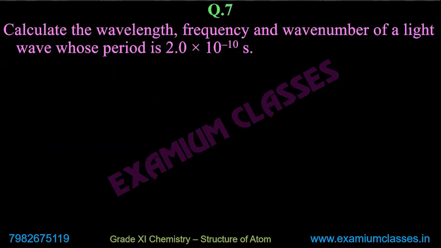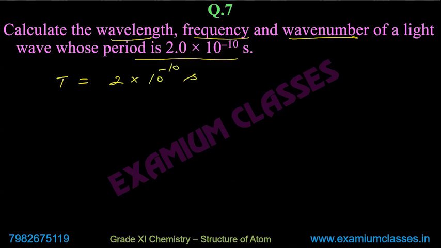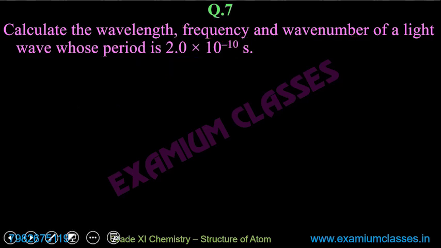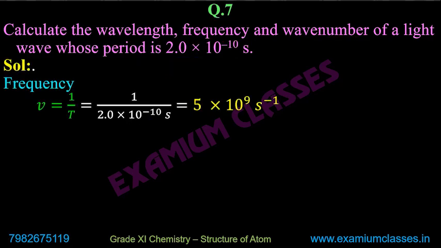Next, calculate the wavelength, frequency, and wave number of a light whose period is given. Sir, is it frequency? So if period is given, you can calculate frequency, right? Yes, frequency is 1 by T. So once you get frequency, you can use it to get the wavelength and wave number.